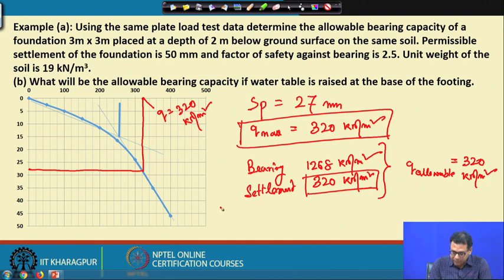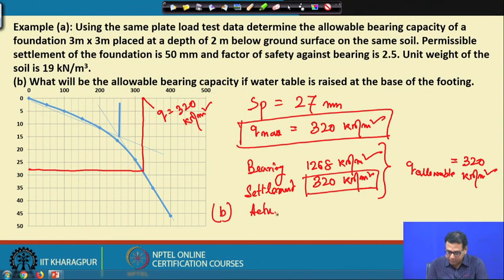Now, for the term B, if the water table effect is there, and definitely the water table effect is there, there are two ways you can do it. One way is this: because your ultimate settlement is 50 millimeter, that is the actual settlement.